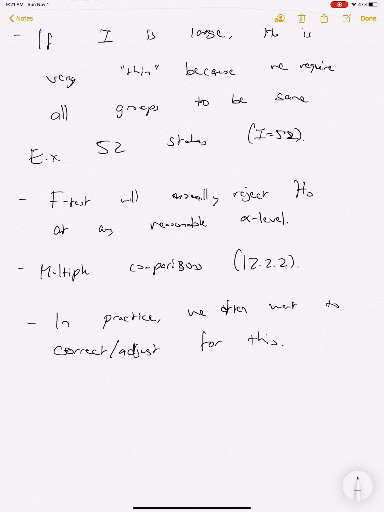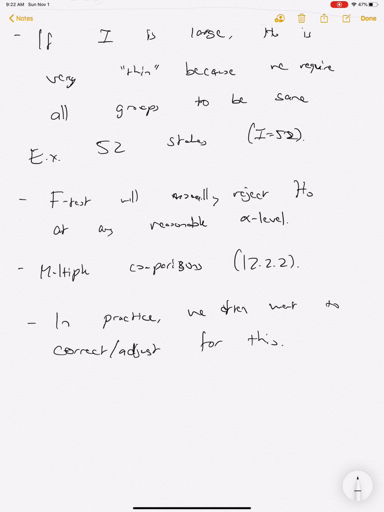Because in some sense, rejecting H naught when I is large is not super interesting, because it just tells you that there's a difference between these groups or labs, but it doesn't tell you where this difference arises. There are ways to do something a little more sophisticated than that, and that's beyond the scope of this course.